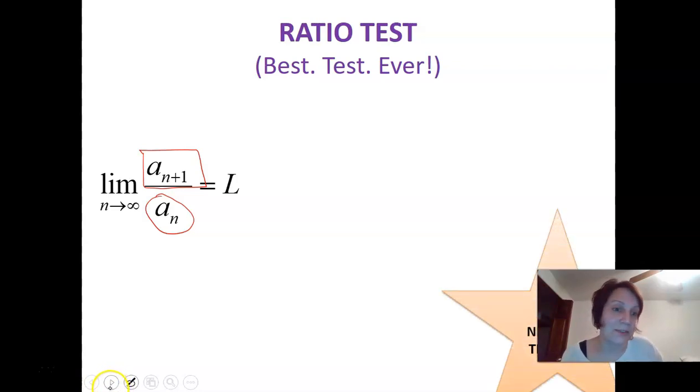Oh, I forgot to mention. I always forget to mention it. That's why I have that star there. Technically, the ratio test has absolute value signs in here. Because, of course, you're not allowed to have any negative terms. So the absolute value signs kind of catch that for us.